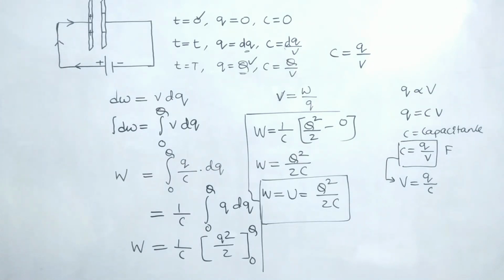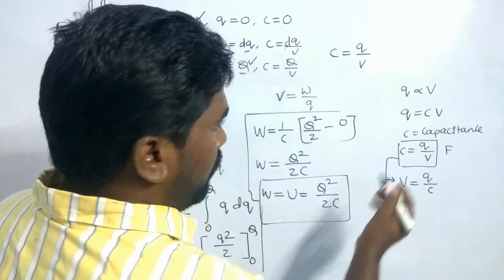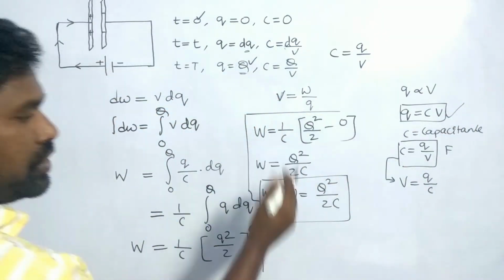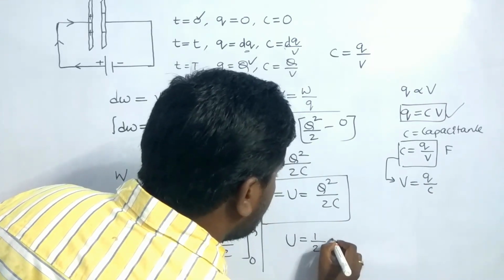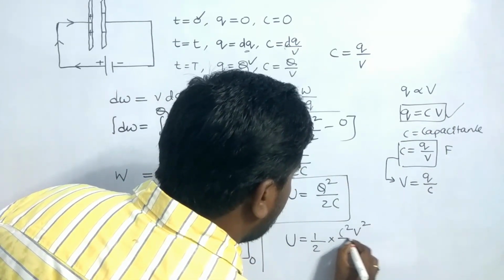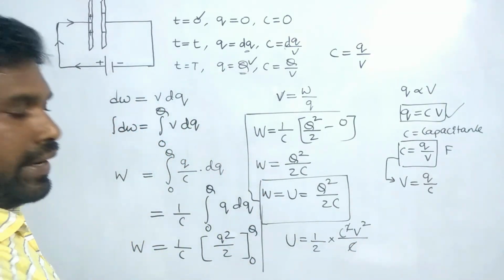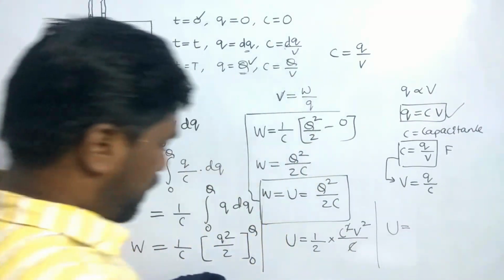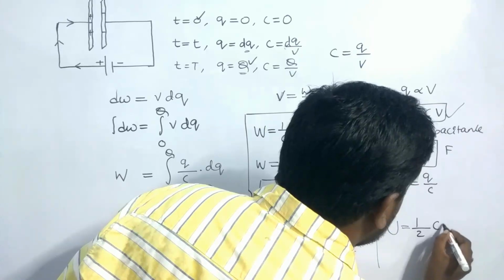U is equal to Q square by 2C. And since Q is equal to CV, you can write that U is equal to 1 by 2 into Q square, meaning C square V square by C, where C square and C cancel out, and the remaining is U is equal to 1 by 2 CV square.